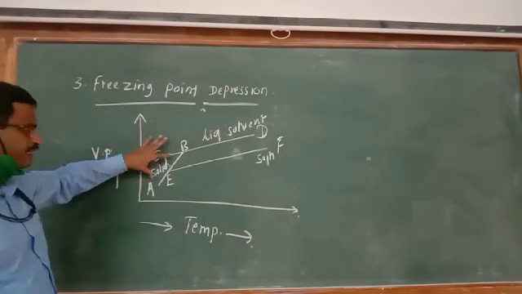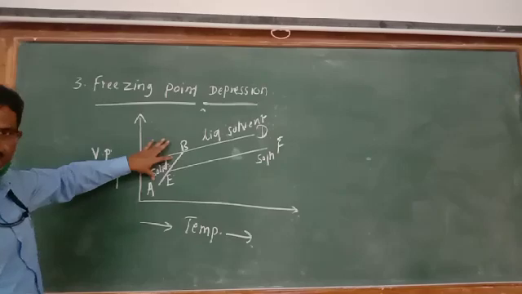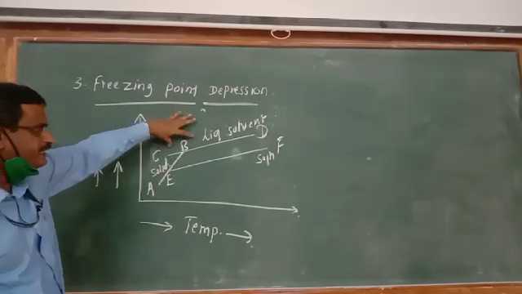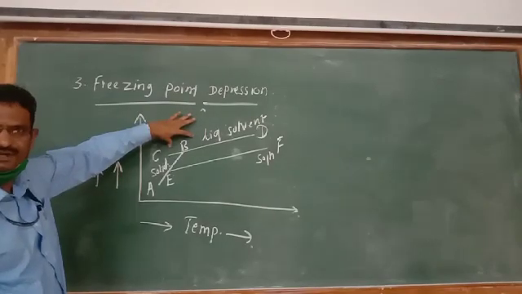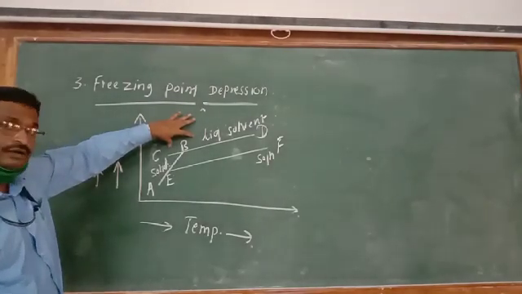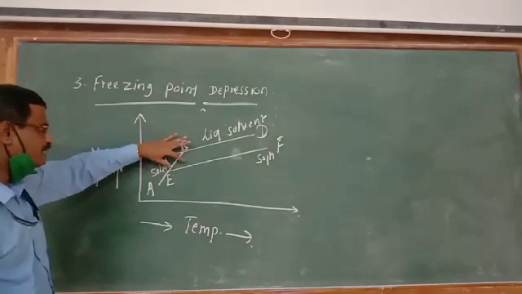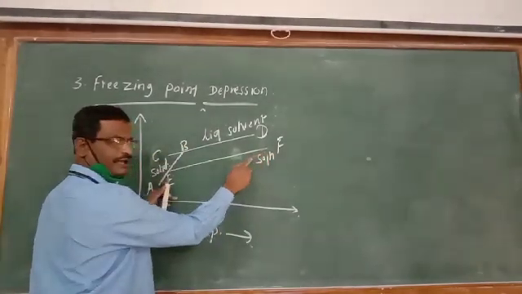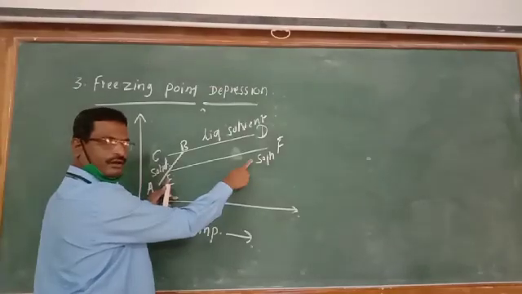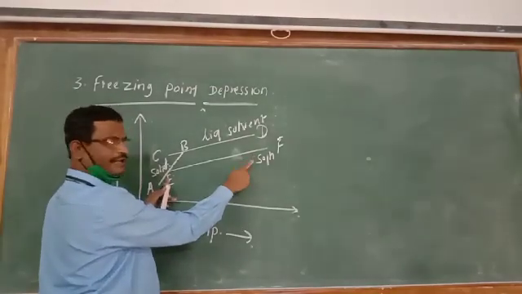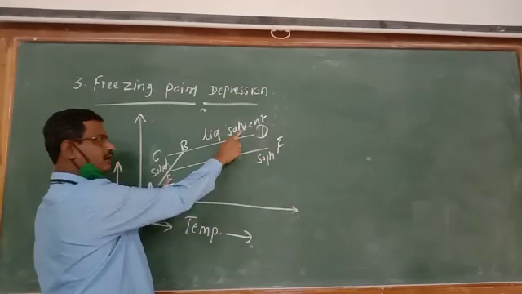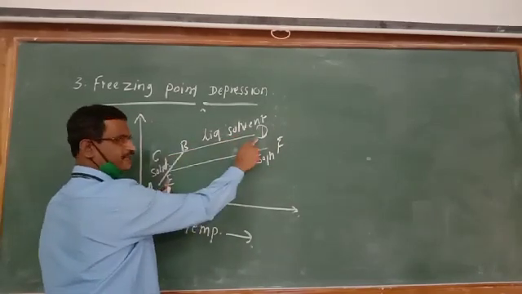So what is AB? AB is vapor pressure temperature curve of pure solid solvent. CD is the vapor pressure temperature curve of pure liquid solvent. And EF is the vapor pressure temperature curve for a solution where non-volatile, non-electrolyte solute is added to the same solvent taken in the curve CD.